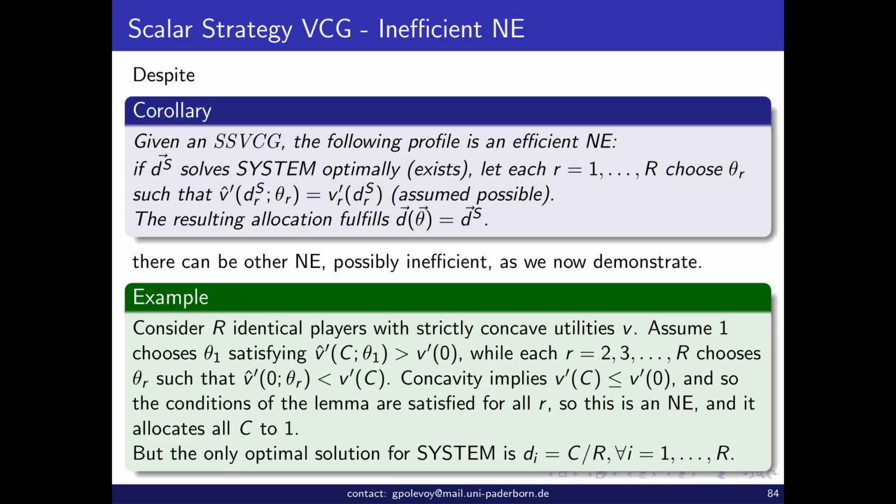But let's look at this example. Consider R identical players with exactly the same strictly concave utility.